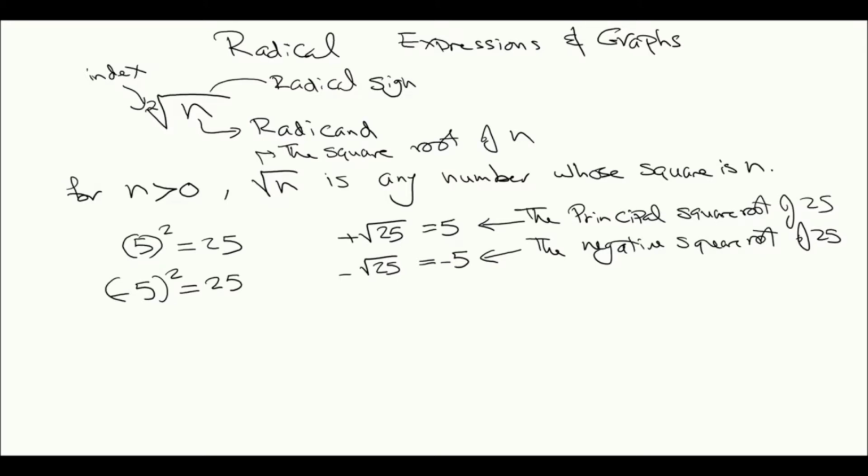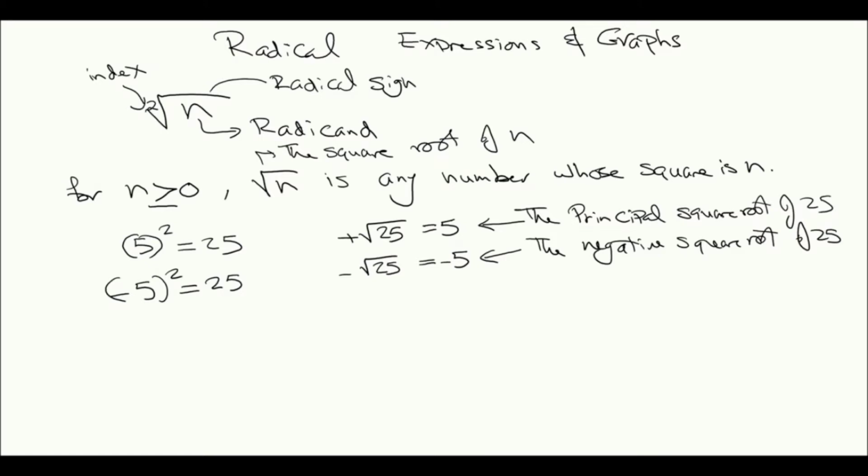Which brings me to an important point, because at first we said n greater than 0. But we're getting to the level where we have to be a little bit more specific, and since 0 does have a qualifying square root, we're not just going to say greater than 0 anymore. We're going to say greater than or equal to 0.